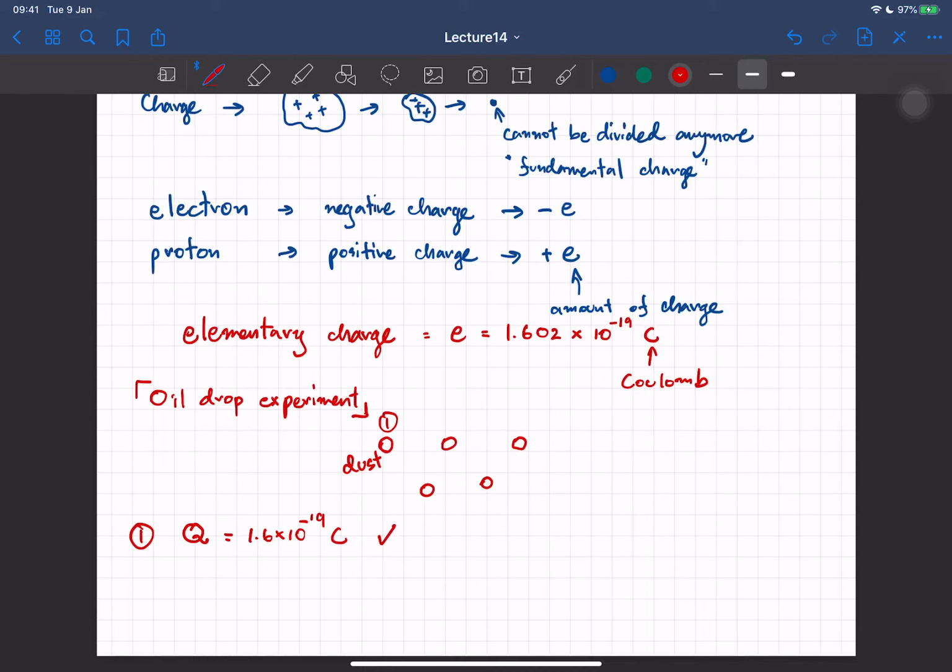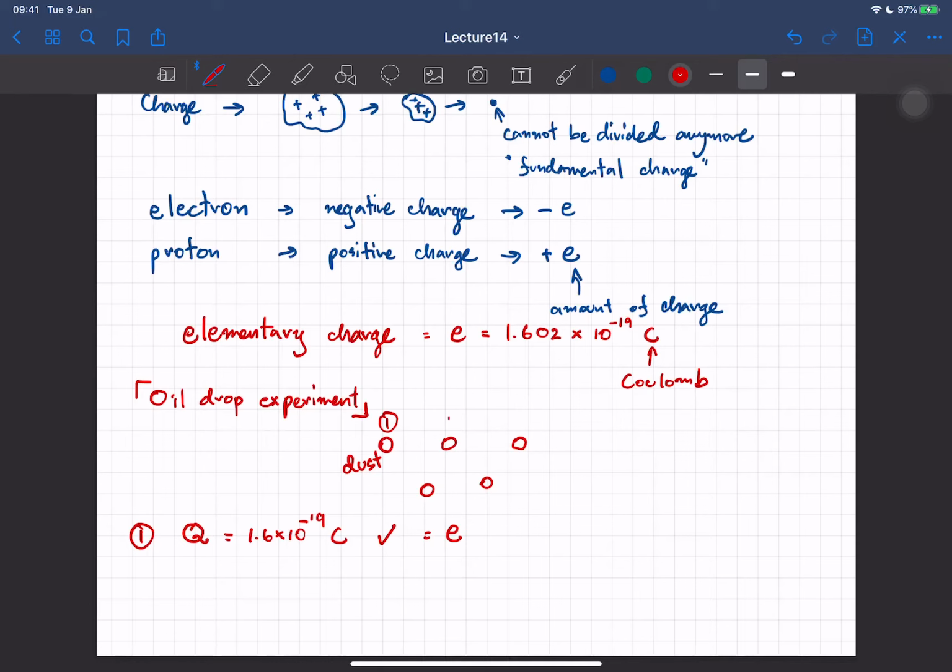This is fine because this probably means that the dust lost one electron or gained one electron, so the charge is like this.